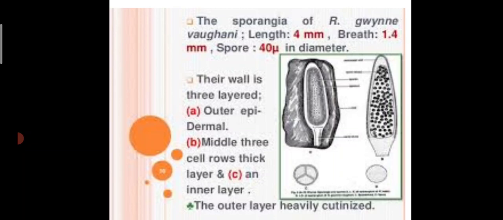However, we cannot strictly stick to any of these views. All these are views proposed by different scientists, and none of them has satisfactory evidence. So that is all about the type Rhynia.